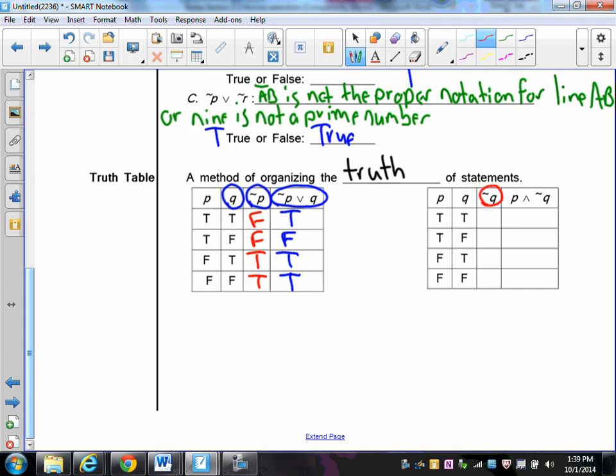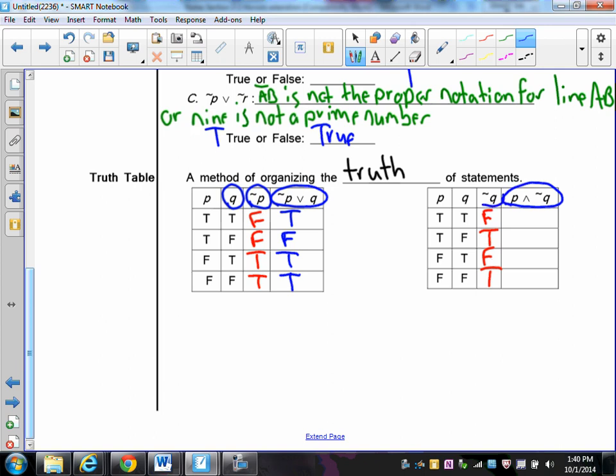This time we have not Q. So whenever we have not Q, we're going to switch the value of whatever Q is. False becomes true. True becomes false for the first one. False becomes true for the second. True becomes false, and false becomes true. Now I need to look at the next column.